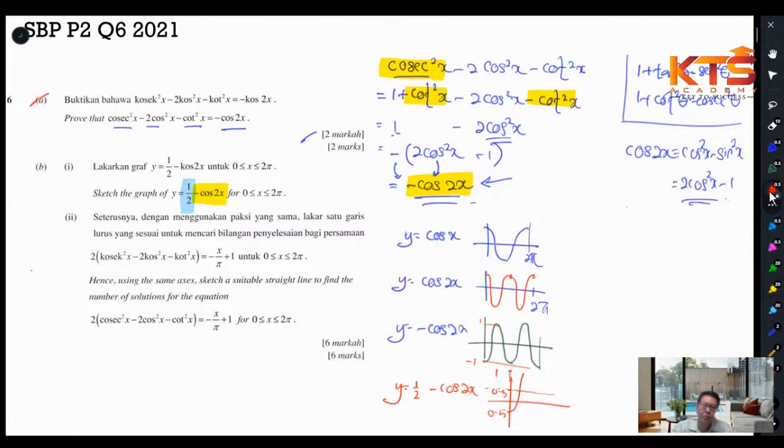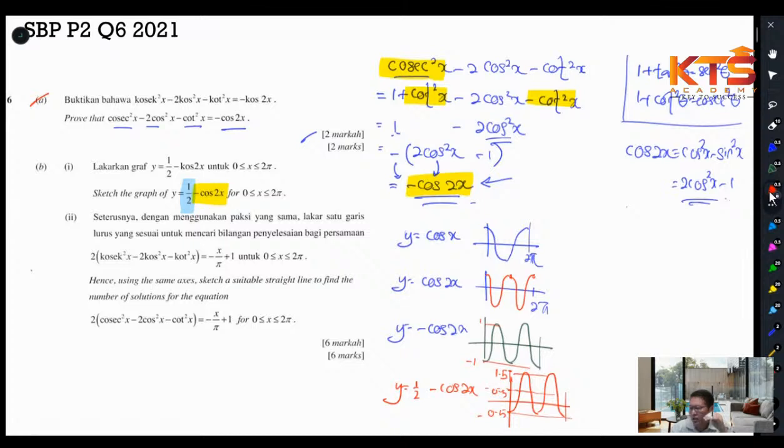Let's move it up, 1 cycle and 2 cycles. Done. Okay, let's check again. Not 1, this is 1.5. This is negative 0.5, like that. Remember, it's impossible to memorize all types of graph, but we can memorize y equals to cos x, and slowly we morph into the question that we want.